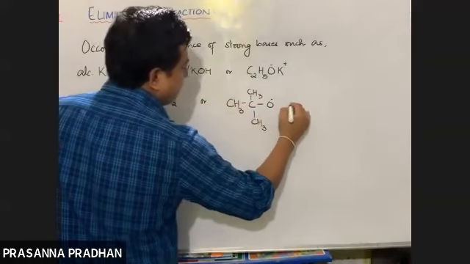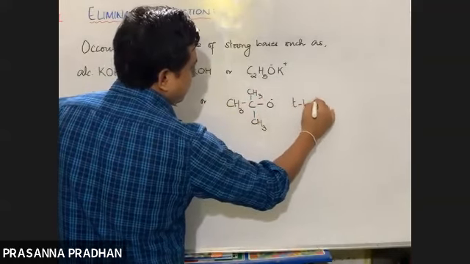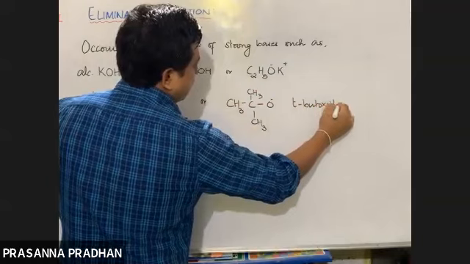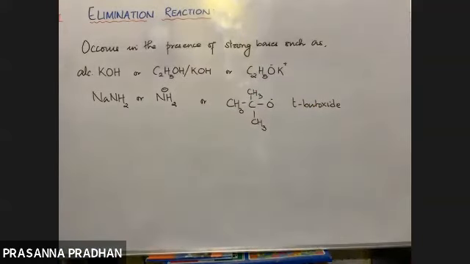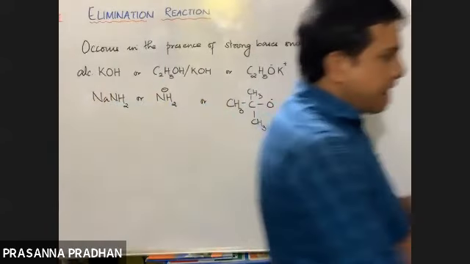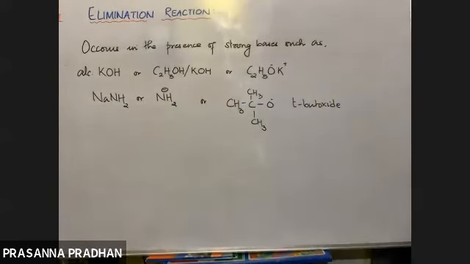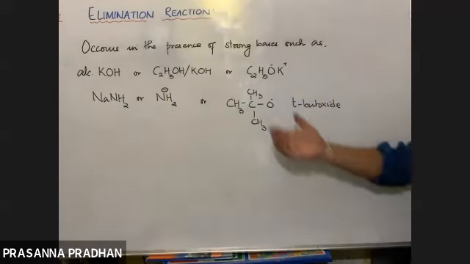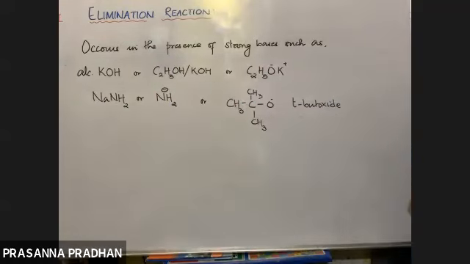So this is known as tertiary butoxide. So these are strong bases. Elimination reaction occurs in the presence of a strong base. In NCERT and in the ISC part, mostly we'll be using either this or this. But yes, we should have a concept of other strong bases as well.